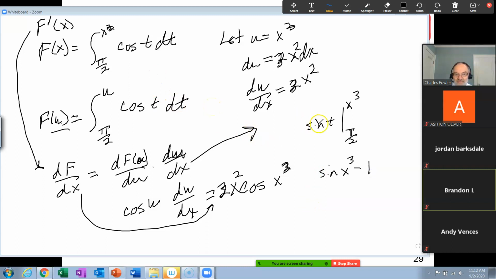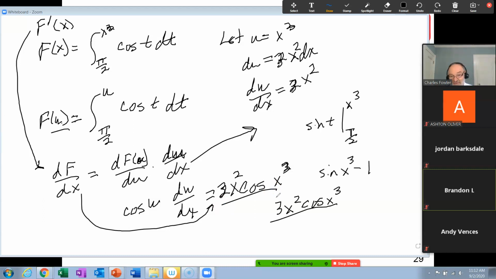Now take a derivative of that. The derivative of this would be cosine x cubed, chain rule, times 3x squared, and the derivative of minus 1 is 0. So that gives us the same answer as we got there when I used the right problem. Sorry about misreading it.